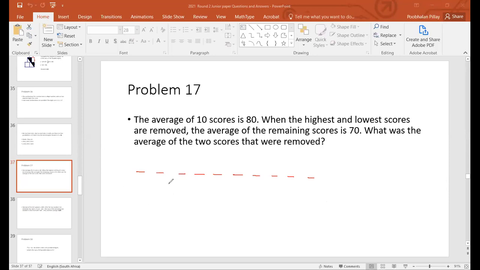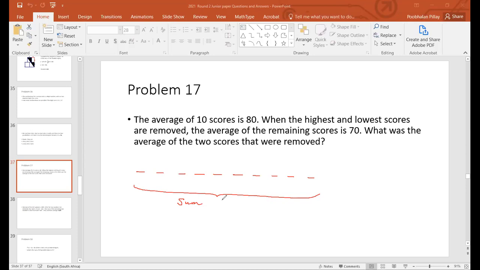So what does that mean? That when I add all these 10 scores, what is that equal to? If you add up the whole 10, you will get 800, because the average is 80, so 80 times 10.